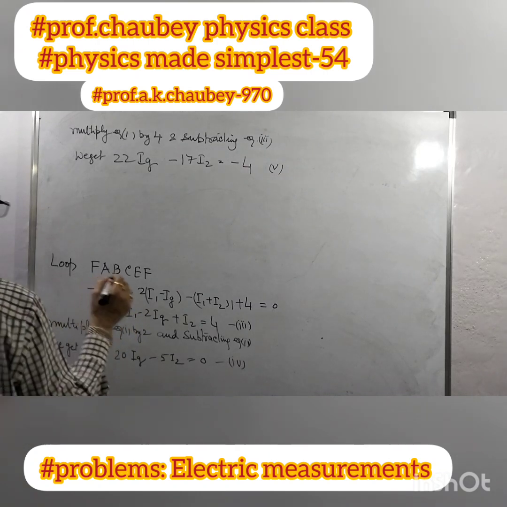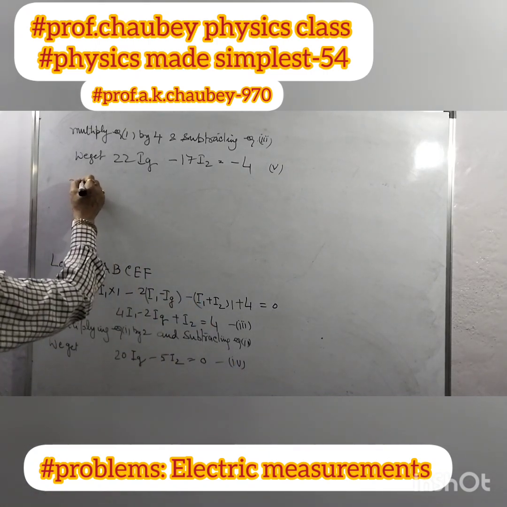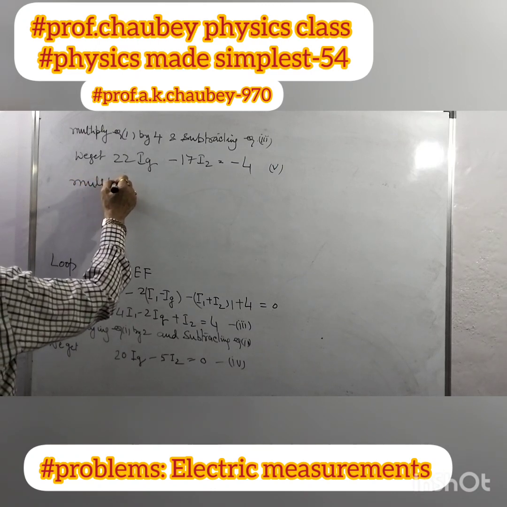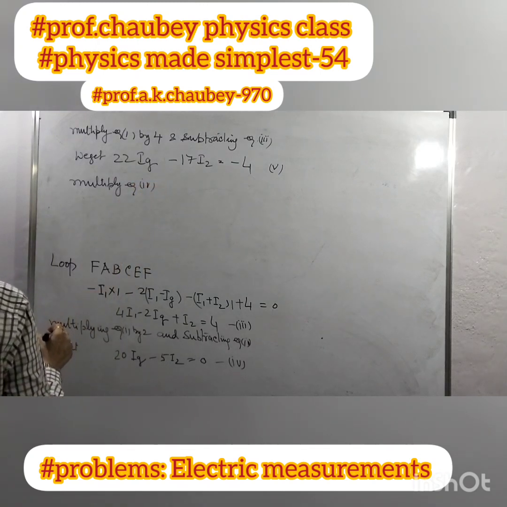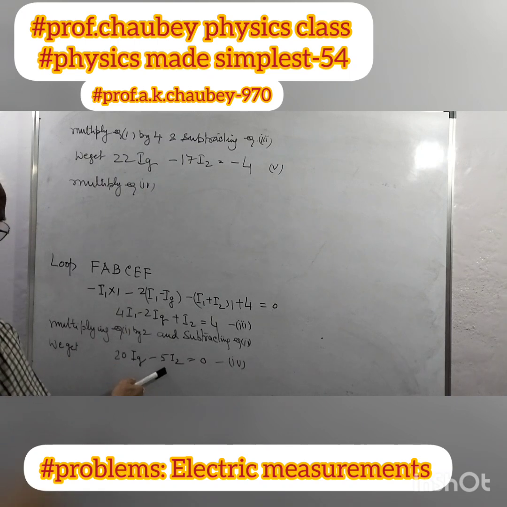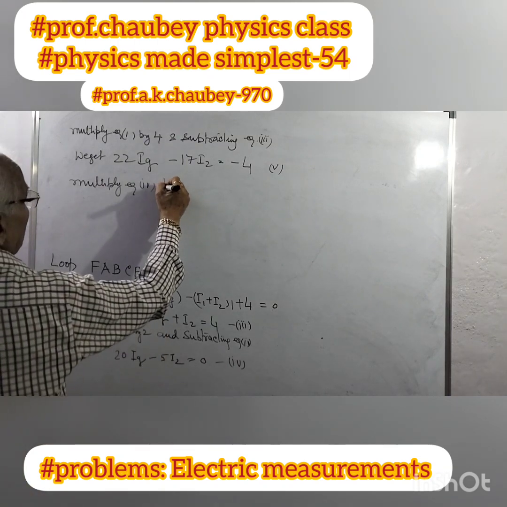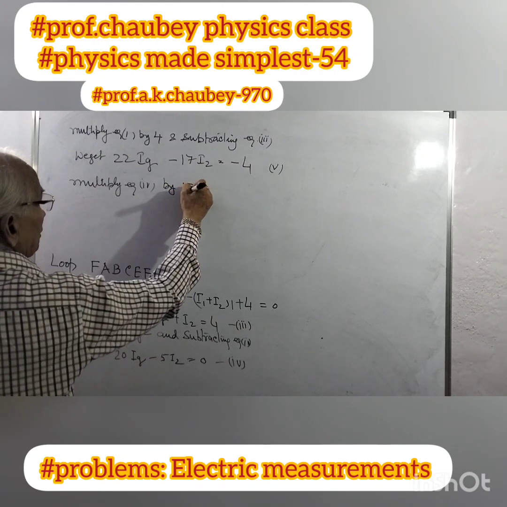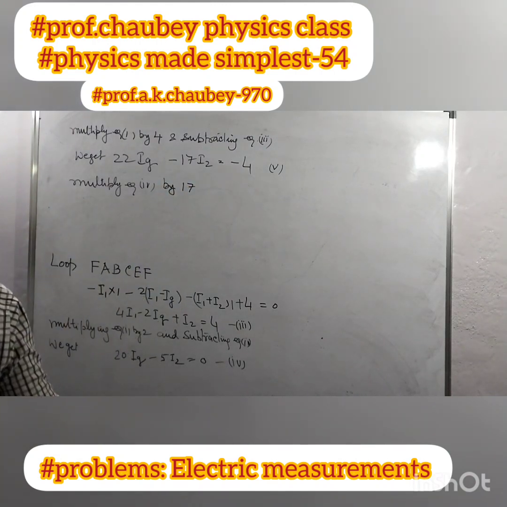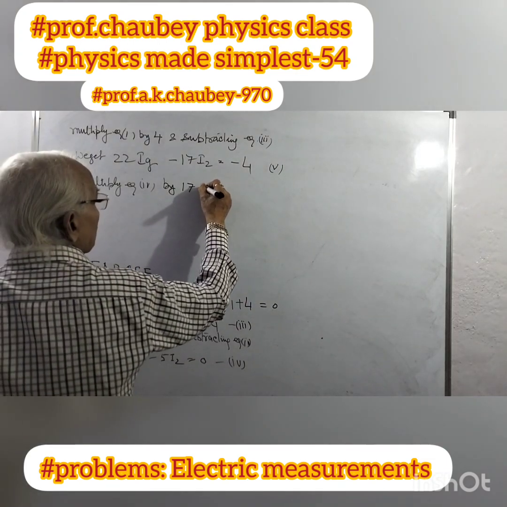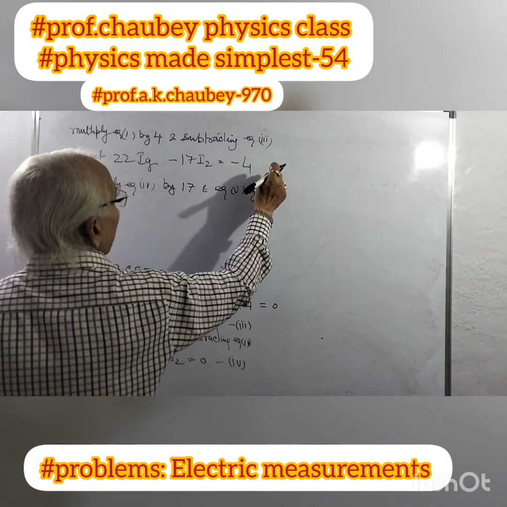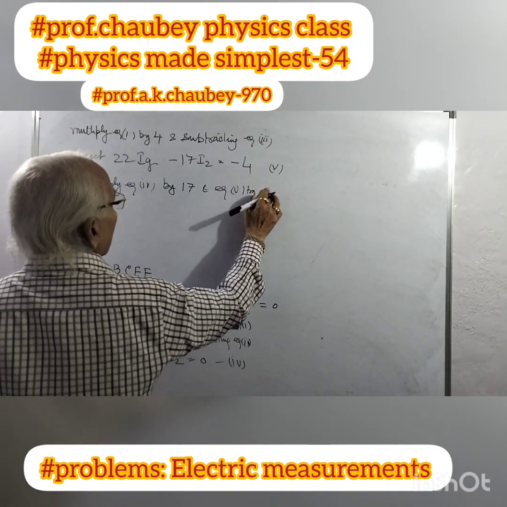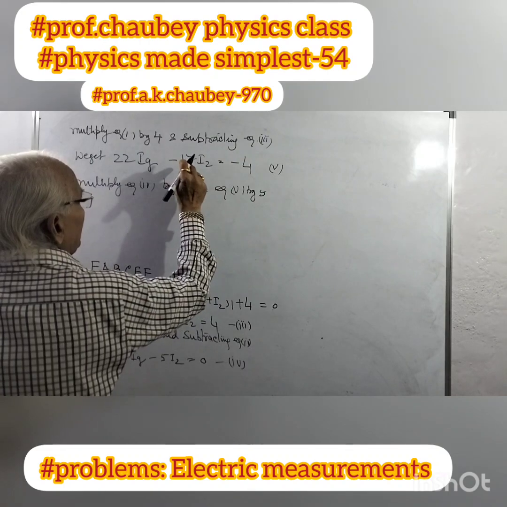Multiply equation 4 by 17 and equation 5 by 5. Means we multiply this by 5, so this becomes 17 times 5.